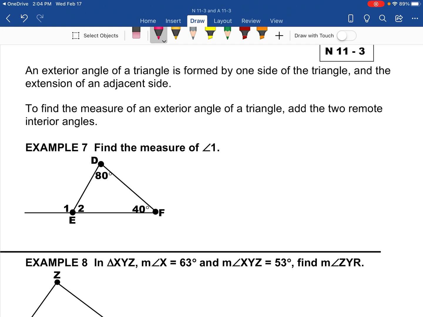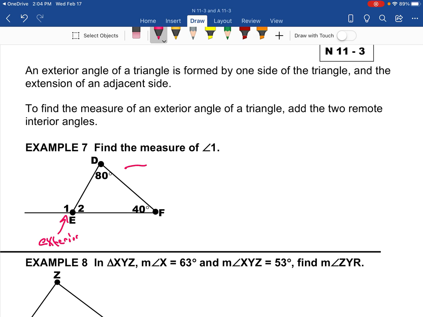It says an exterior angle of a triangle is formed by one side of the triangle and the extension of an adjacent side. To find the measure of an exterior angle of a triangle, add the 2 remote interior angles. Okay. So for example, angle 1 is an exterior angle.